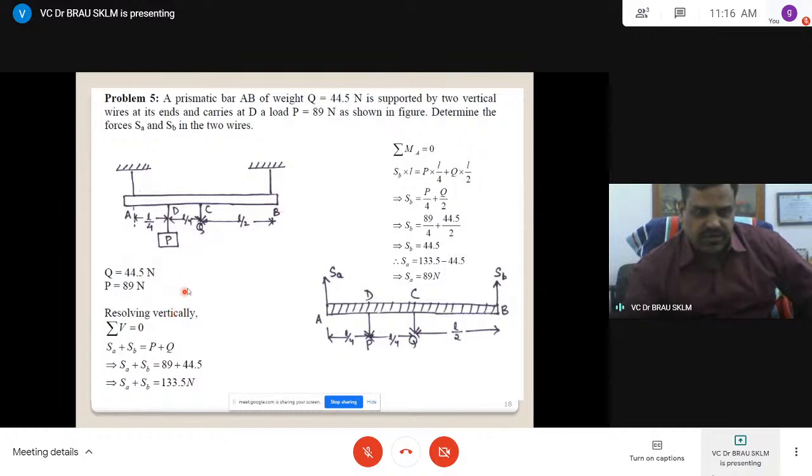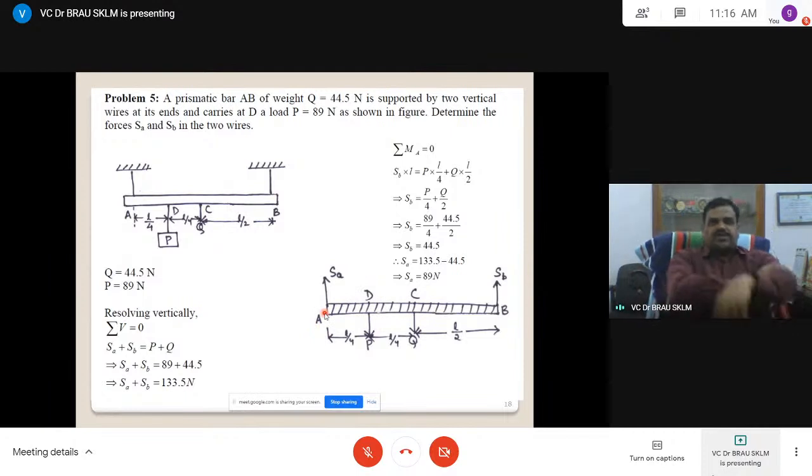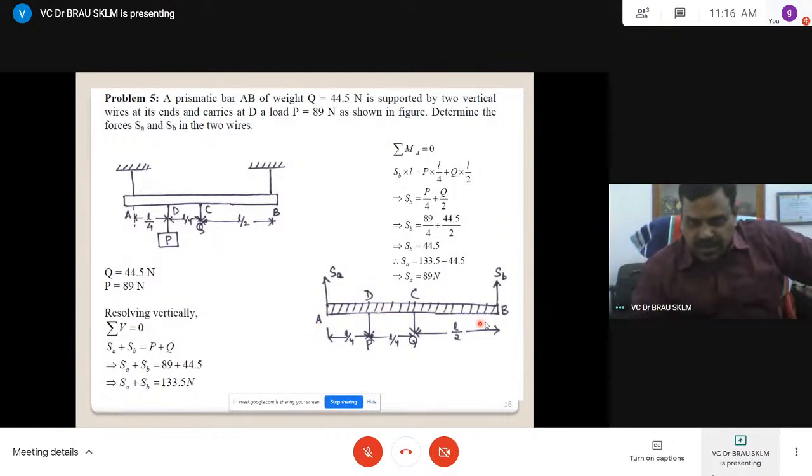The second equation, because there are two unknowns and we need two equations: one is vertical force, downward forces, then moment about a particular point. Moment about B or moment about A, the choice is yours. Moment about A: SB into L, and P and Q about point D. This force multiplied with this distance, this force multiplied with this distance.